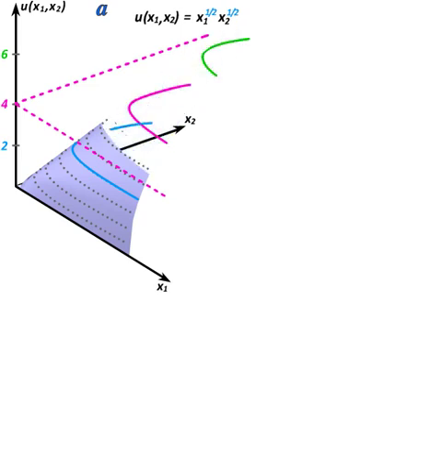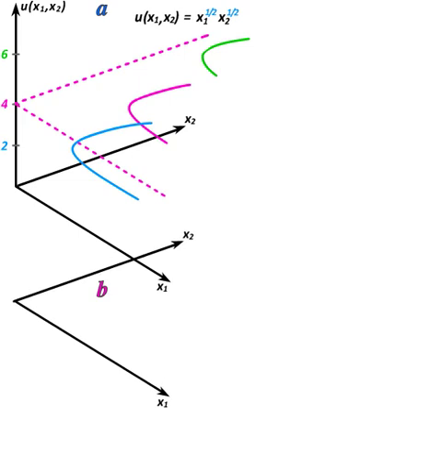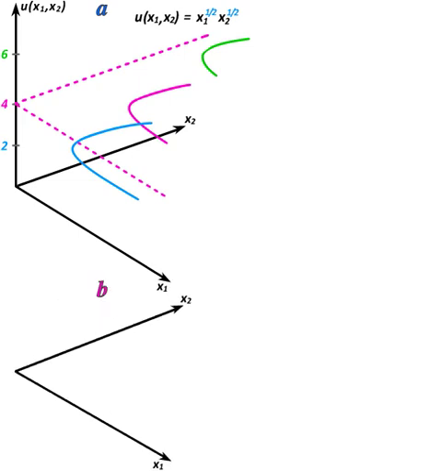If we now strip away the function and leave only the portions that intersected with the slices we've taken at utility levels 2, 4, and 6, we get a picture that looks like three indifference curves floating in the air. After a while, these indifference curves might get tired of floating around in the air, and so we can transfer them into the x1, x2 plane by first redrawing that plane and then bringing down each one of the three curves.